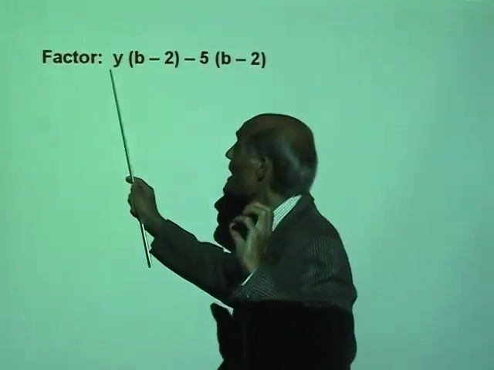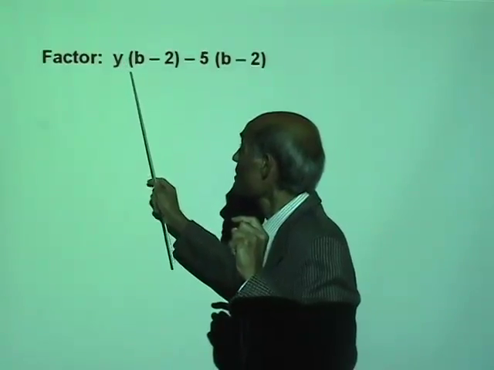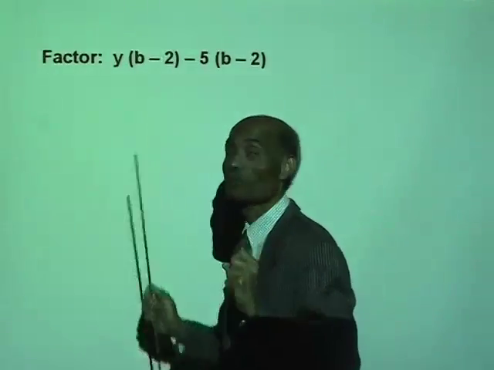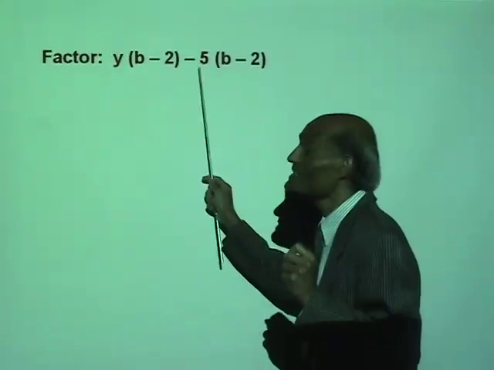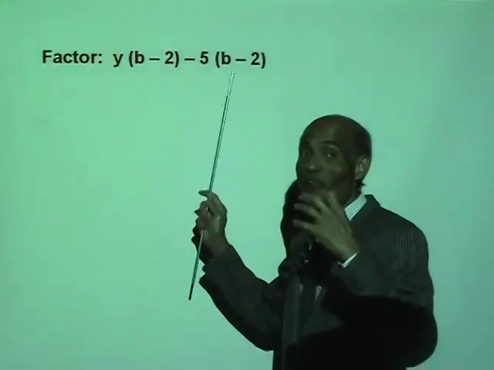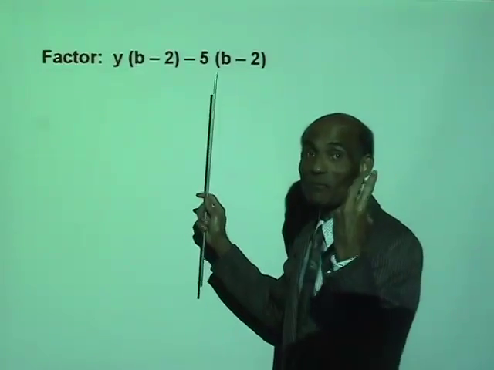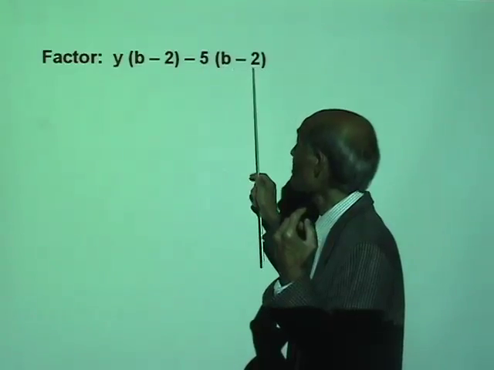The first term has two factors. The first factor is y. The second factor is b minus 2. The second term is negative 5 times b minus 2. How many factors are there for the second term? Again, two factors: negative 5 and b minus 2.